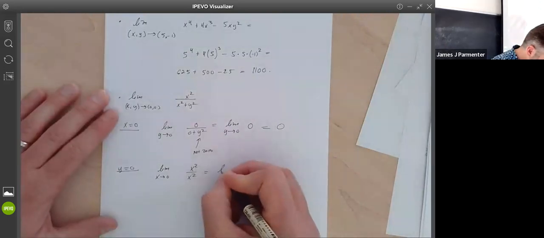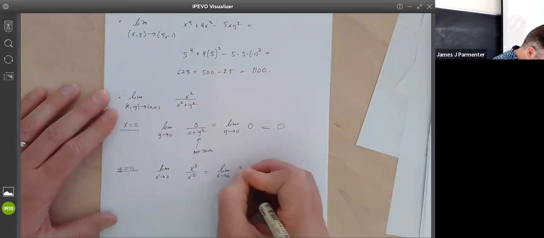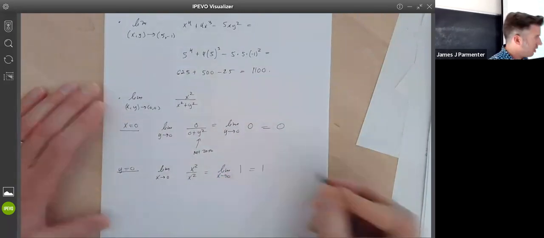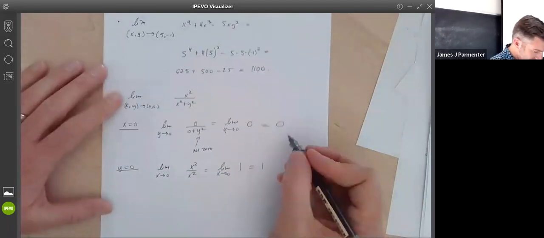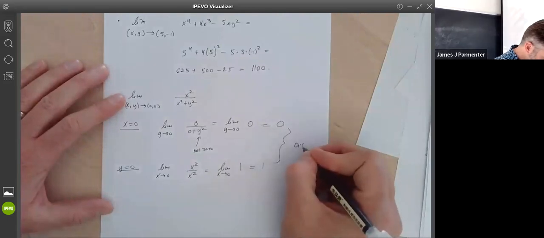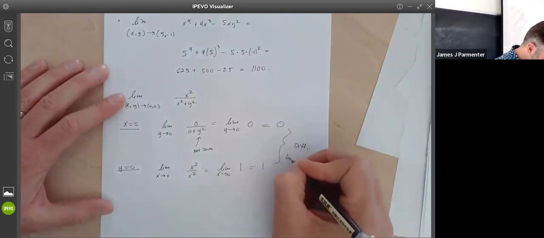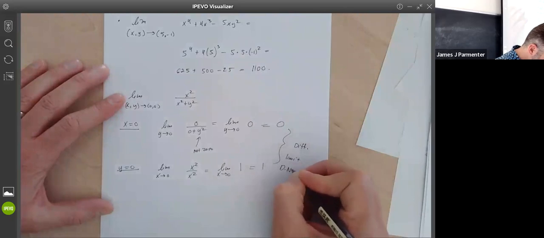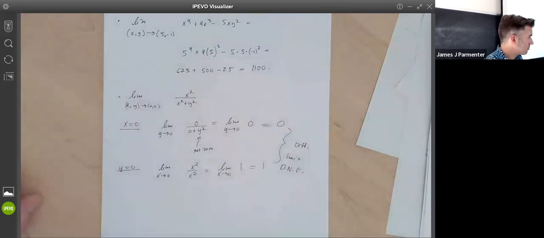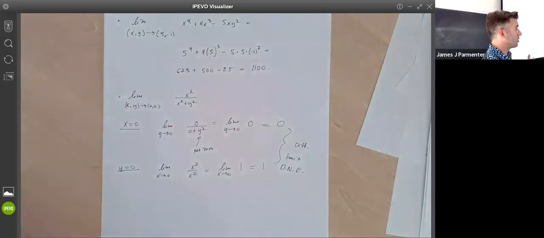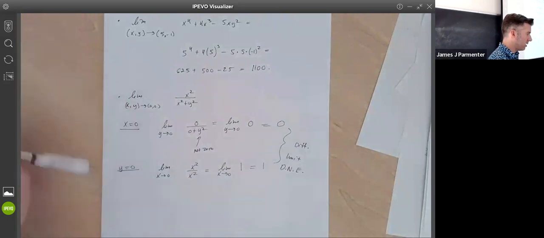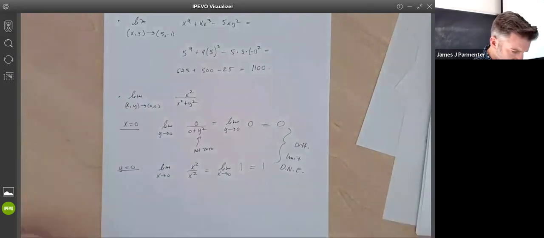So this becomes the limit as x approaches 0 of just 1, and then that's just 1. And then, since these are different, the limit doesn't exist. So if you can find two different paths where the limits are different values, the limit doesn't exist. And again, the paths have to go through the origin or whatever you're approaching, right? Most of the time it's through the origin.